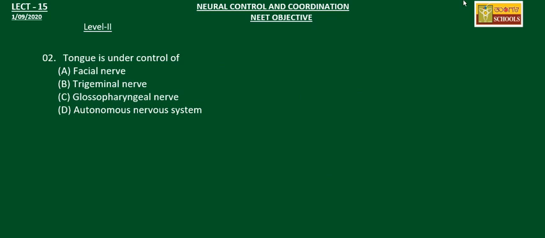Next question. The tongue is under the control of. So here let's see the first option, facial nerve. The facial nerve is a mixed nerve, and it is supplied to taste buds. Of course, it has a sensory function too, receiving information from taste buds.